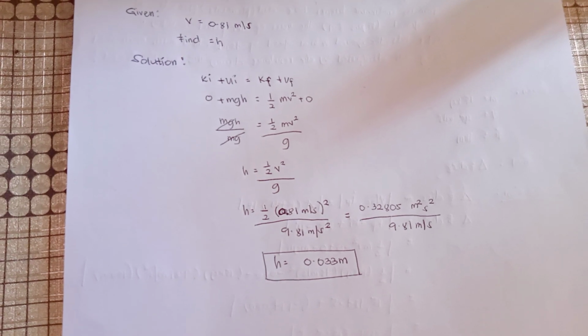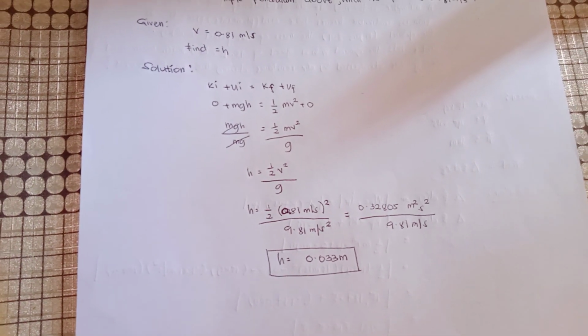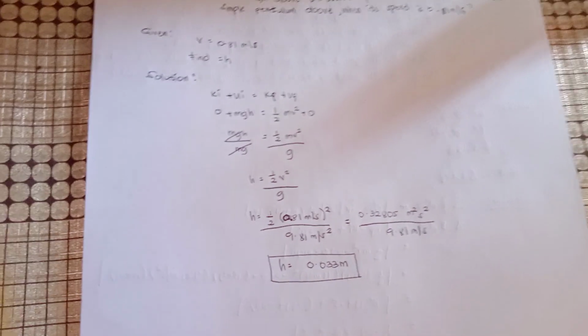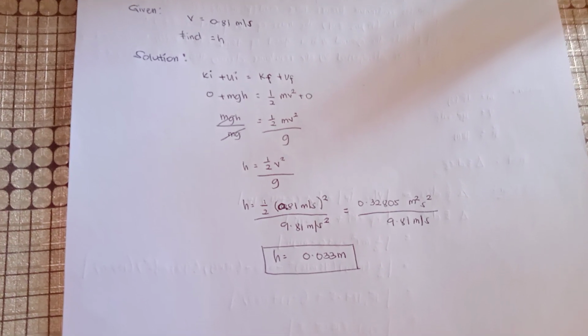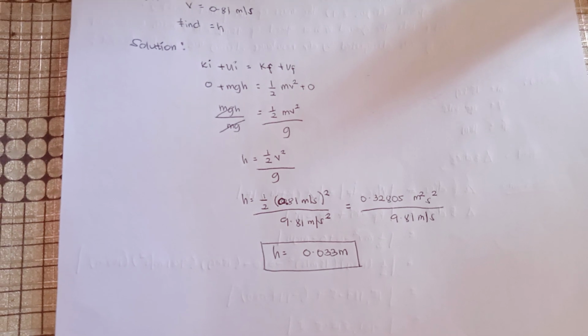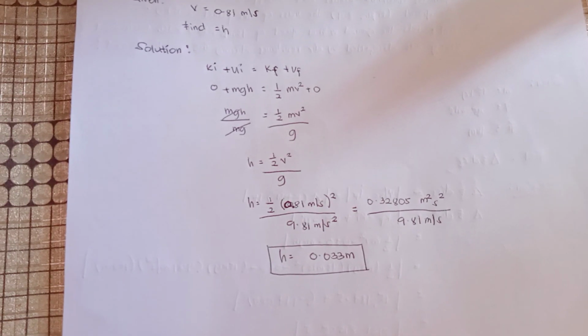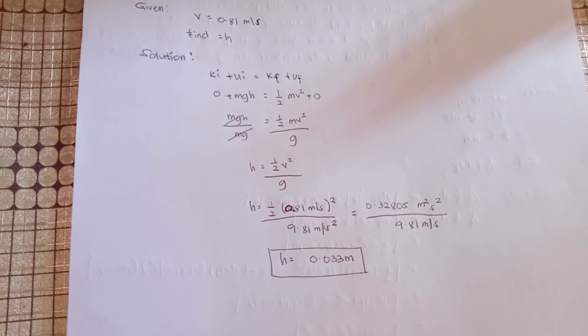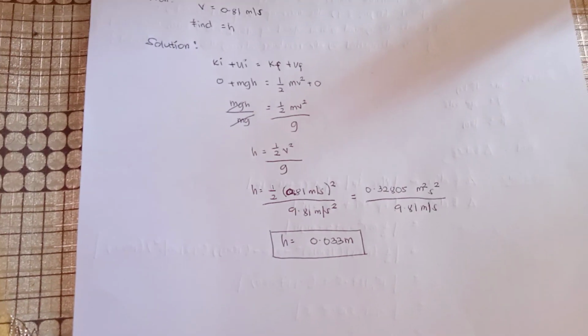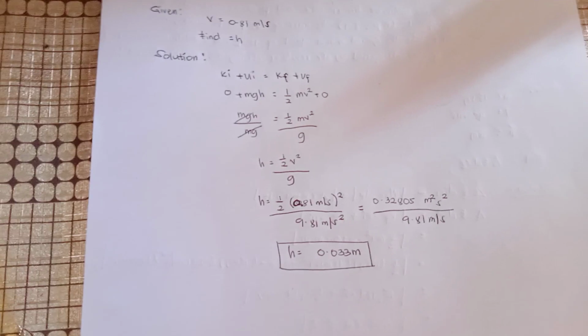And our potential energy is mgh, which equals 1/2 mass velocity squared plus 0. Then mgh over mg, so we cancel out the mass and gravity to find the height.